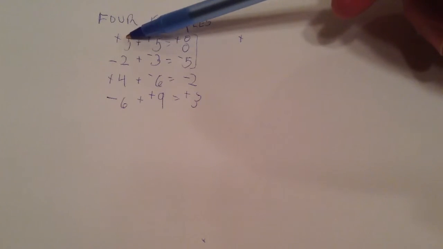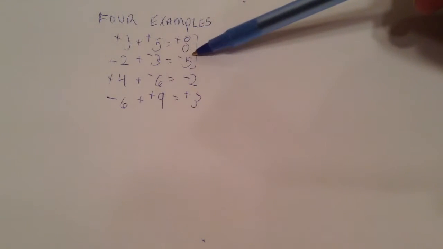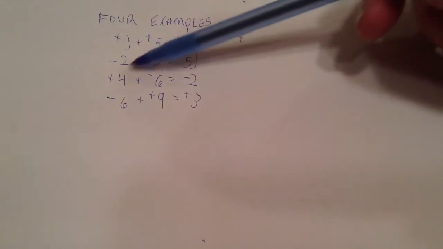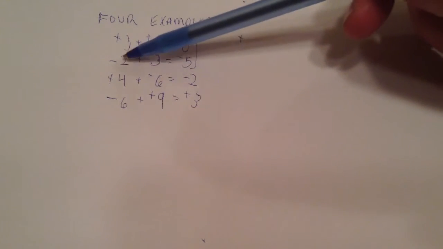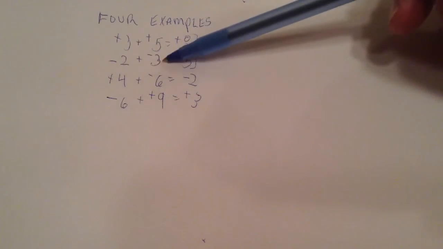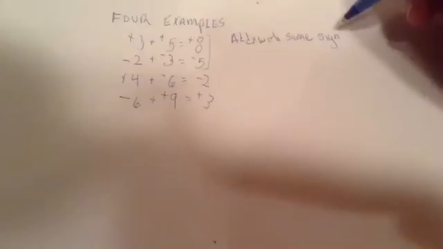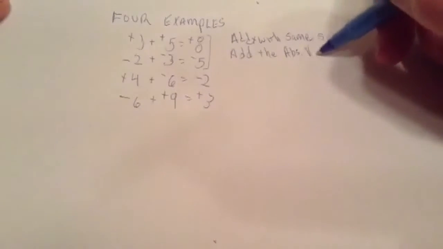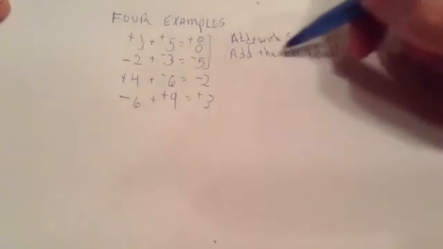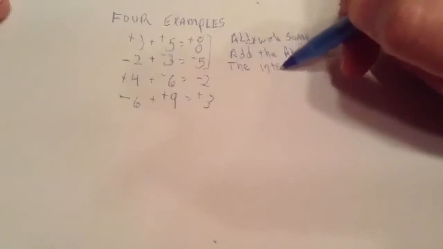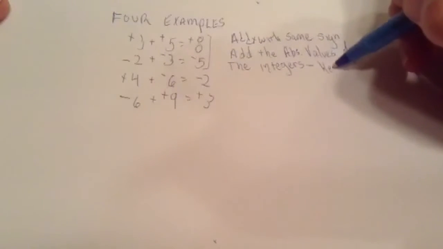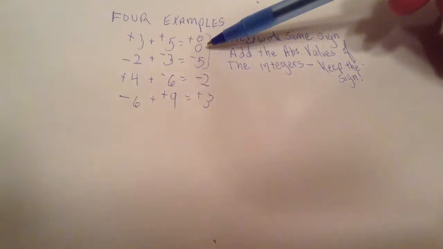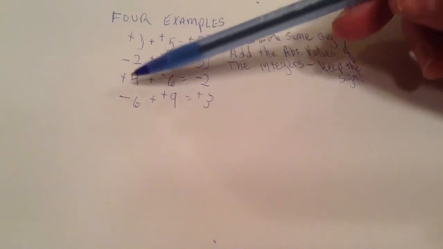And we already know that 3 plus 5 is 8, and 2 plus 3 is 5, 2 and 3 being the absolute values of negative 2 and negative 3. So when you add integers with the same sign, you add their absolute values, and then you keep the sign the same. So a positive plus a positive gets you a positive, and a negative plus a negative will get you a negative.